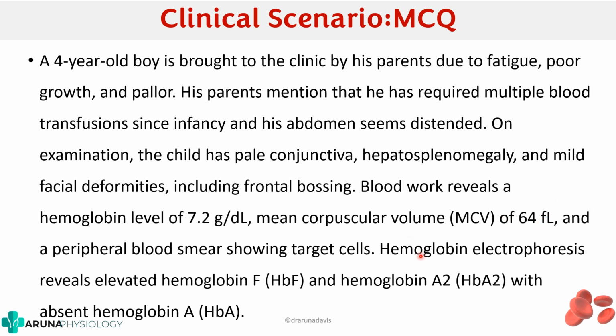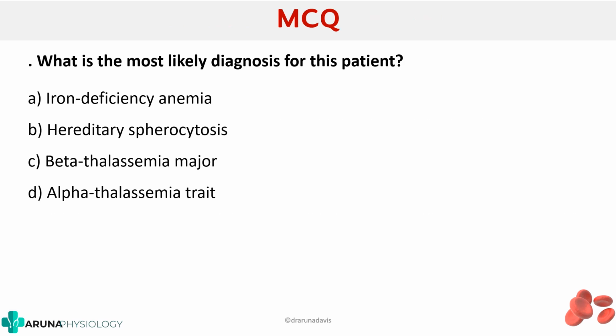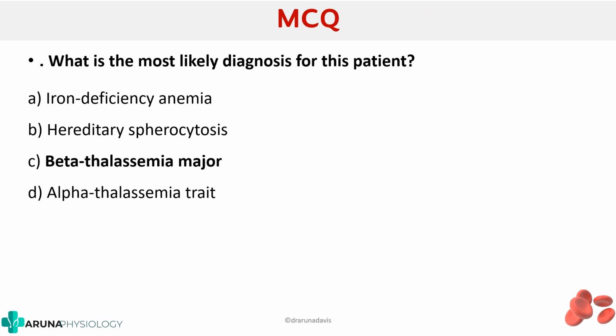And on electrophoresis, they've said there is hemoglobin F, hemoglobin A2 and no hemoglobin A. So what does that mean? Hemoglobin A contains 2 alpha and 2 beta. Hemoglobin A2 contains 2 alpha and 2 delta, which means the alpha is normal but beta is affected. So what is the most likely diagnosis for this patient? It is beta thalassemia major.